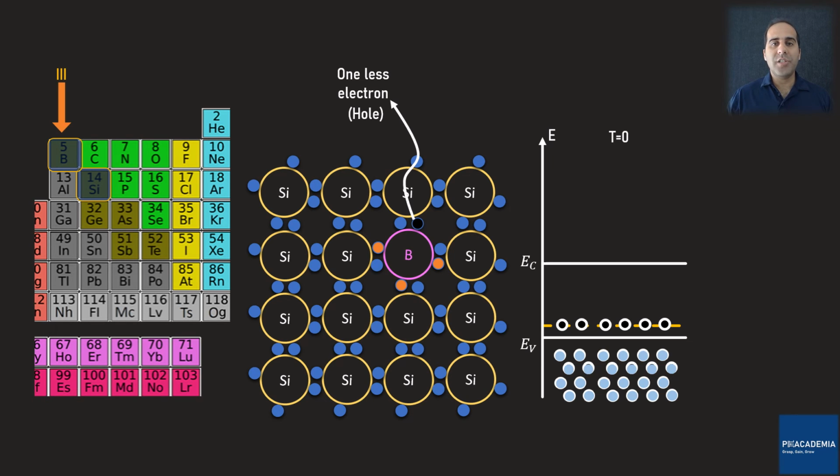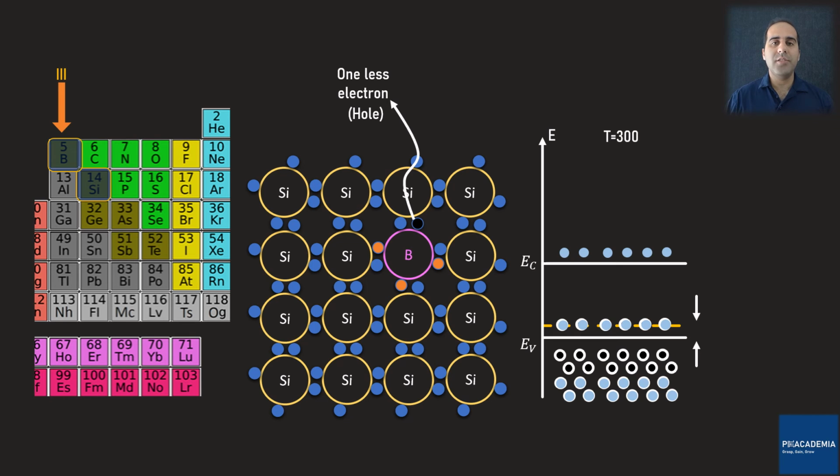At higher temperatures, let's say at room temperature, because the energy gap between the new energy level and the top of the valence band is so small, most of the states or holes in the new energy level are filled by electrons coming from the valence band. Moreover, some electrons go to the conduction band.